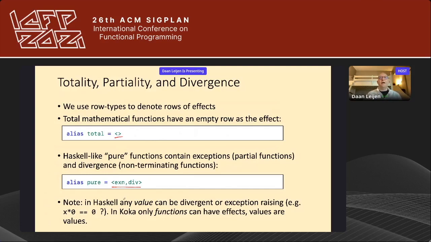I think a big thing, because Koka is strict, is that only functions can have effects. Only when you do something, there is an effect. So the effects are always on the arrows, but never on the values. While in a lazy language, every value itself is like bottom injected, so it could still raise or diverge.